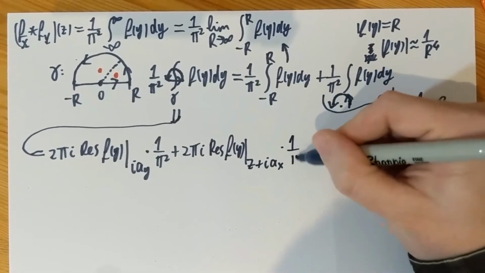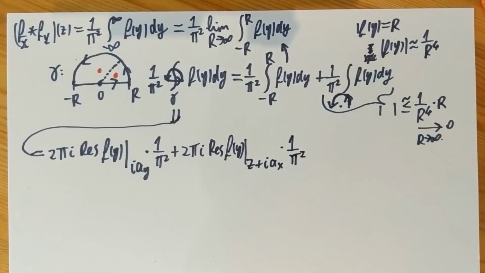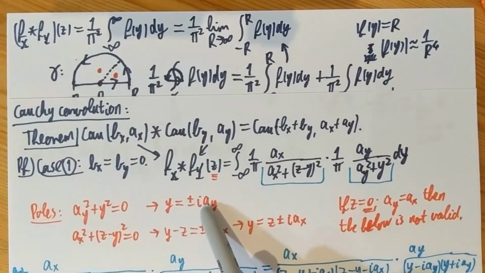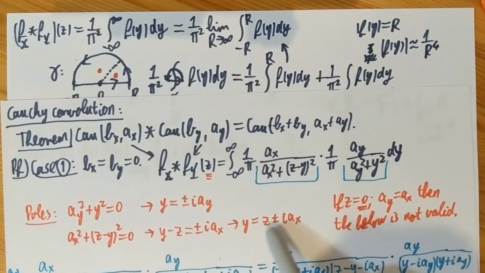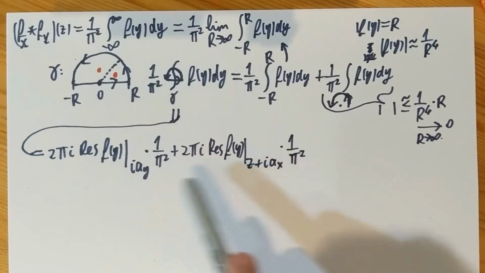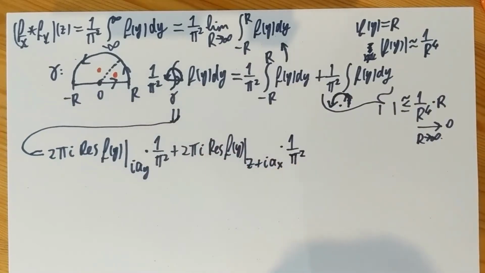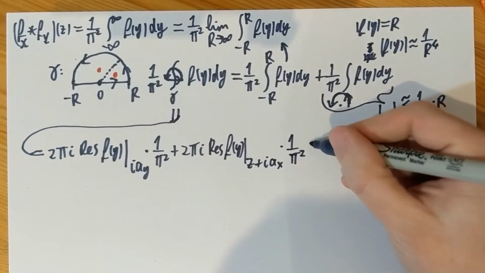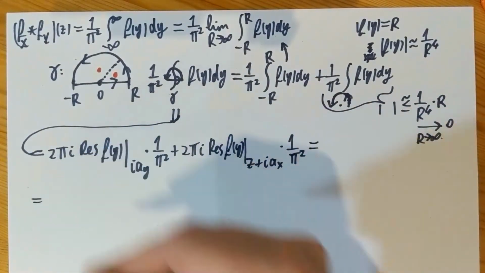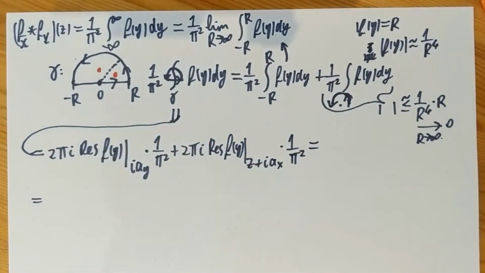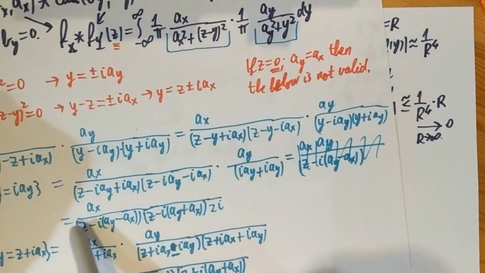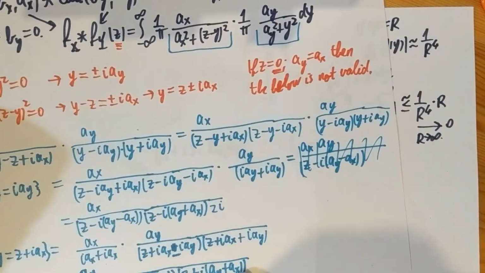Again, let's not forget about the 1 over pi squared. So these are the two things I'm taking here. And these have been calculated in the previous page. So the first one is here and the other one is there.